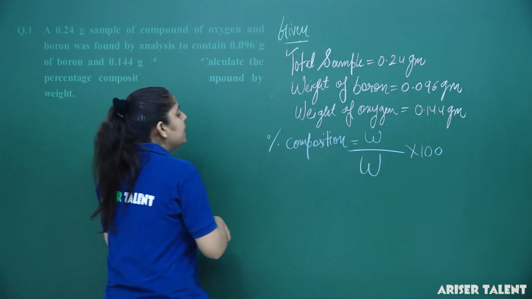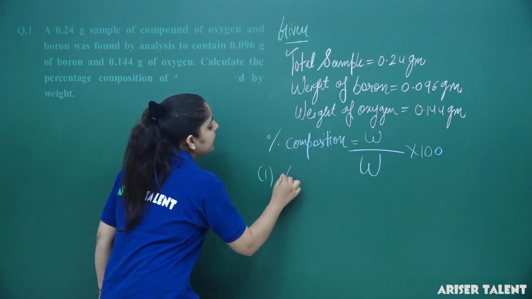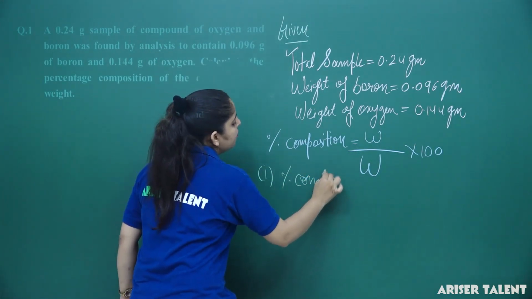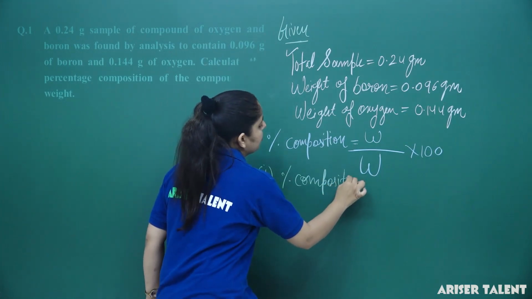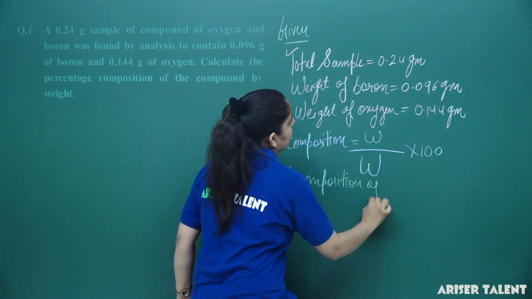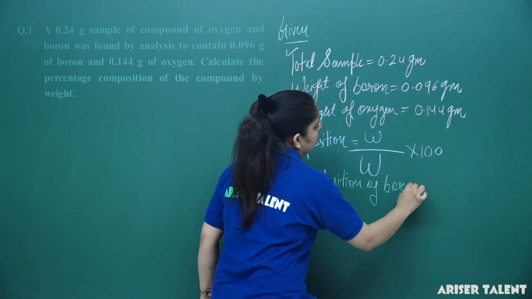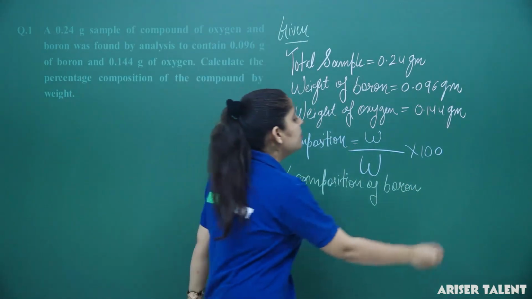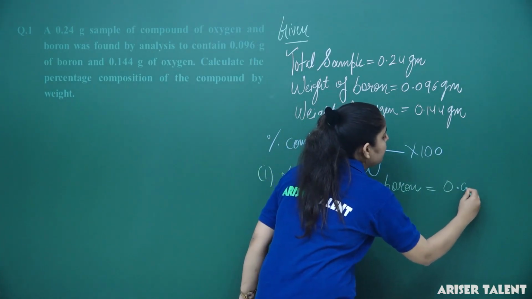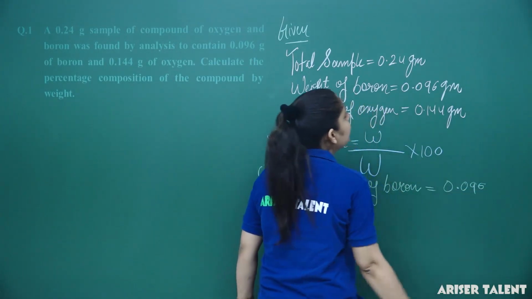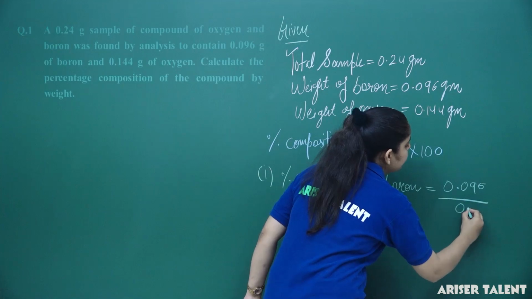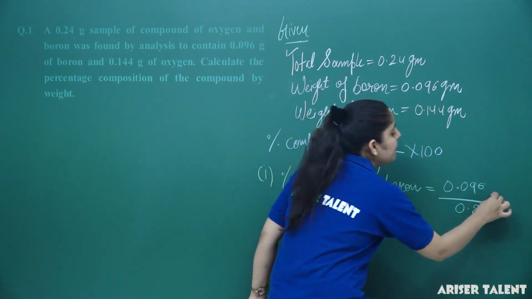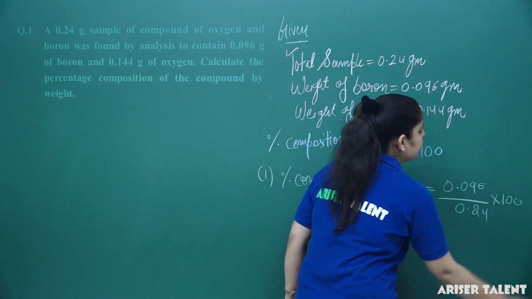Now in the first part I am determining the percentage composition for boron. So the weight of boron is 0.096 gram. Clear? And the total sample here is 0.24. It must be multiplied by 100 here.